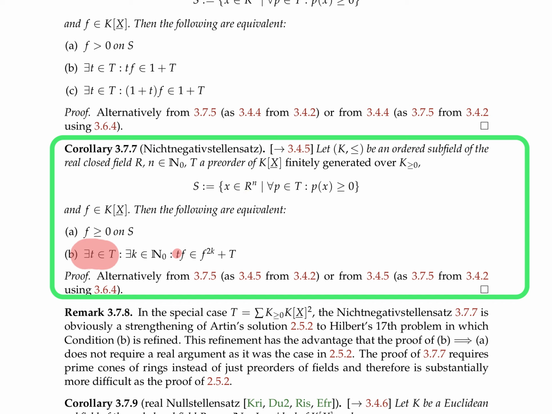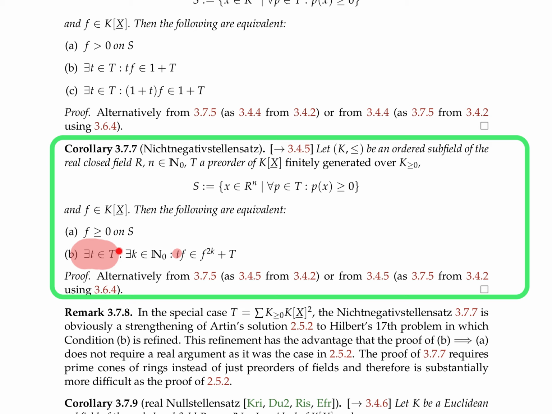And when we had this equivalence, f is non-negative on S if and only if there exists this T in T. You can see this as a denominator. If you think of it, you could divide by T and you get your rational function on the right-hand side, like in Hilbert's 17th problem.